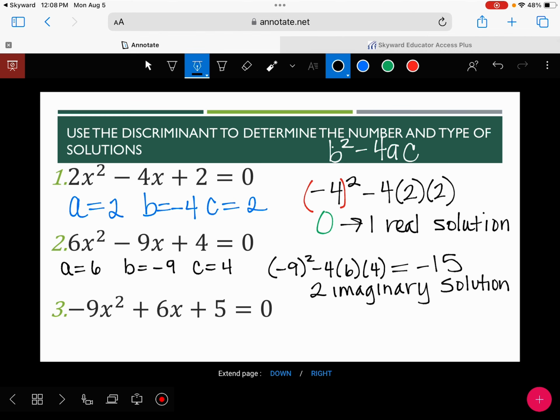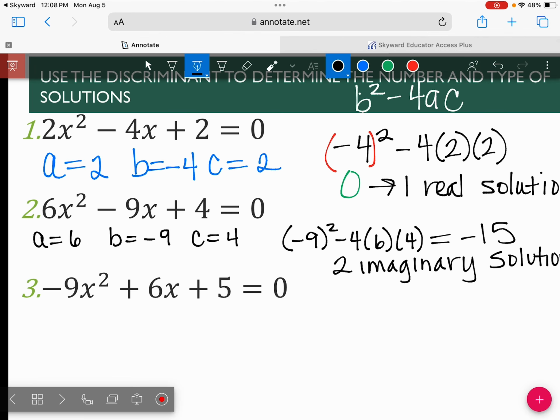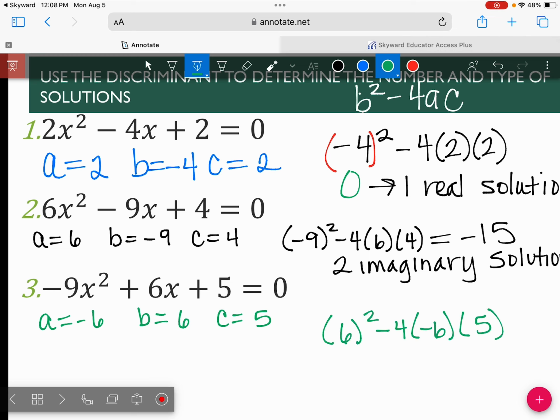All right, let's do our last one. So A is -6, B is +6, and C is 5. So B squared minus 4 times A times C. A is -9. You are correct.